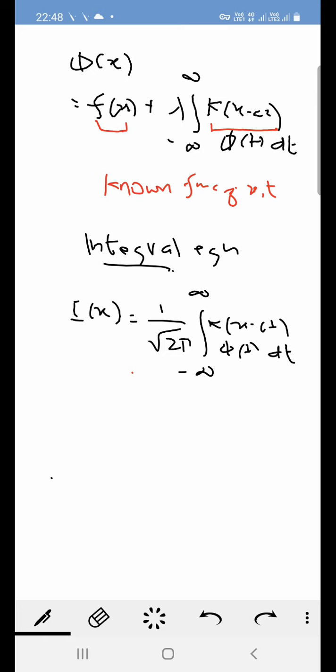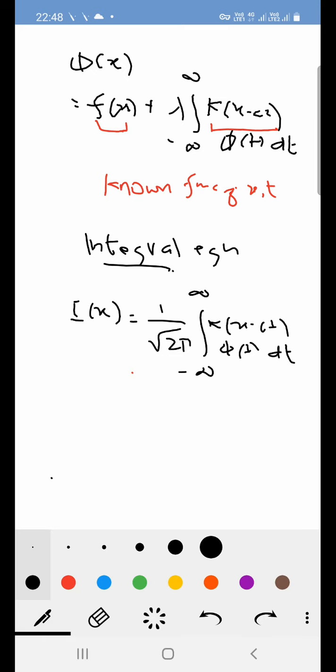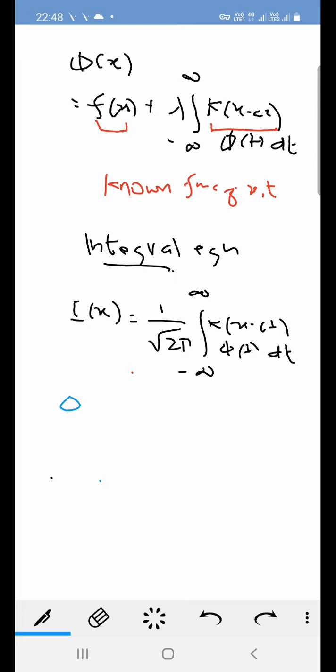Thus phi(x) is equal to f(x) plus lambda into root 2 pi into I(x).